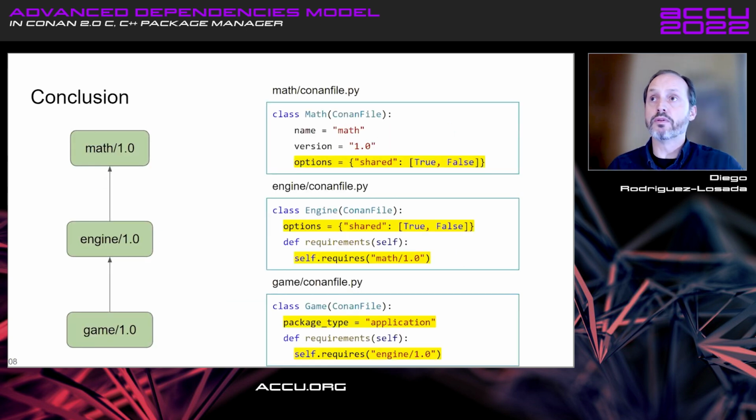But the real power of all of this is that for most cases, nothing changes for developers. So we have something that in many cases will look like this, just very simple standard Conan recipes with options defined. In most of the cases, when it is not necessary, it will use the package type explicitly, just one attribute to help Conan identify what the package type is.